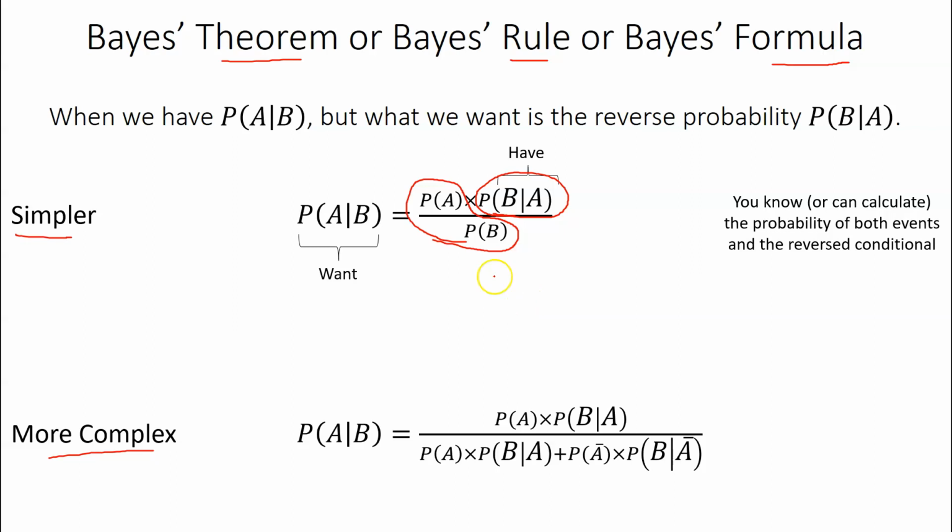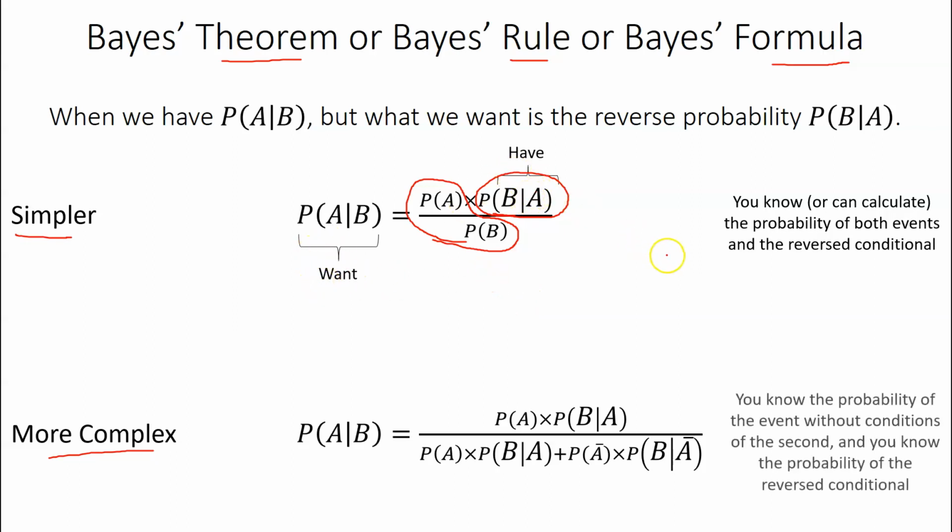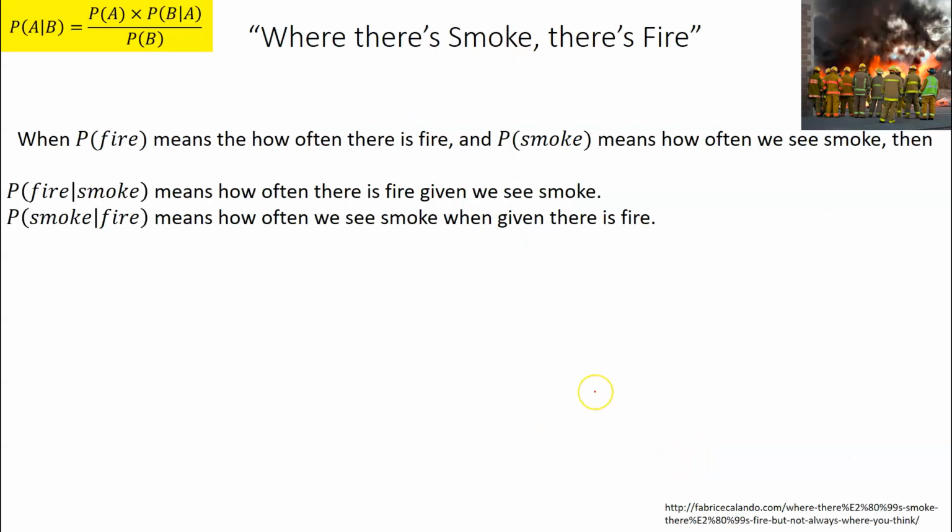This is what we want when we know the probability of the reversed conditional. In the more complicated one, we know the probability of the events, and we can know or calculate the probability of the reverse conditional and the negation of the reverse conditional, the opposite of it.